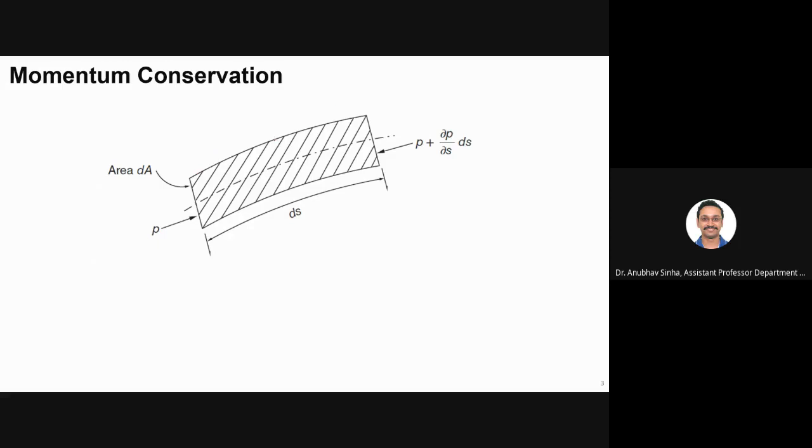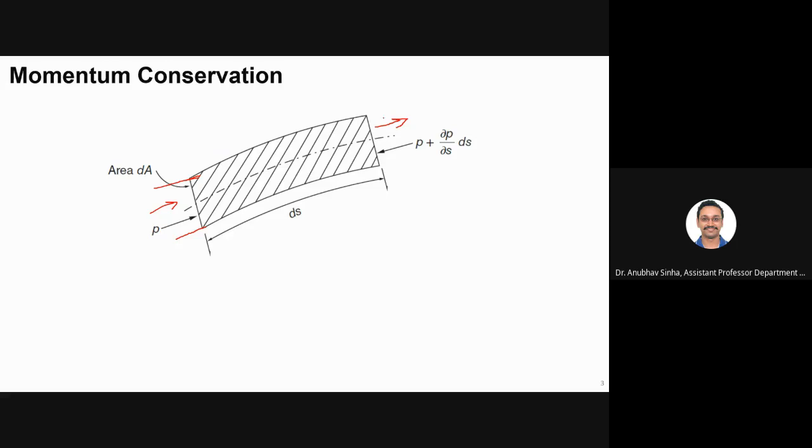We have defined what a stream tube is, right? A stream tube is made up of streamlines, and because the velocity of your fluid is always tangent to the streamline, fluid will not flow across the streamline. So whatever fluid has entered from here, the same amount of fluid will be leaving from here. These are the basic assumptions of a stream tube.